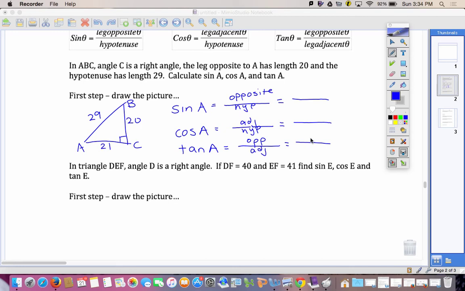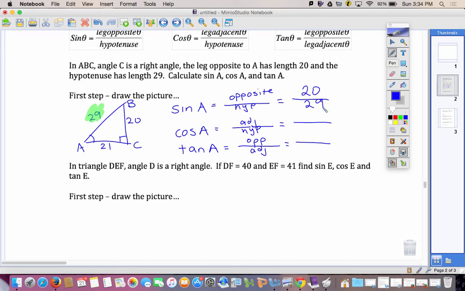If this is our angle A, the leg opposite of A is 20, and we divide that by our hypotenuse, which is 29. So sine of A is 20/29.